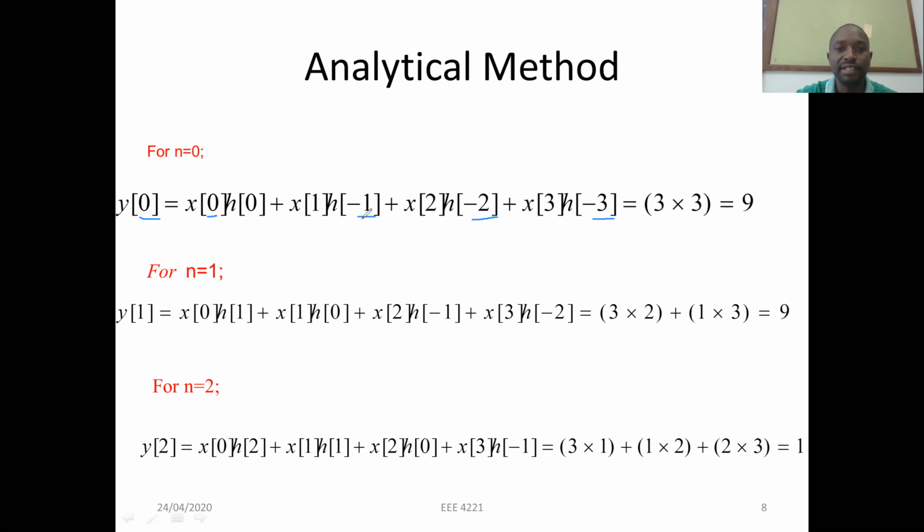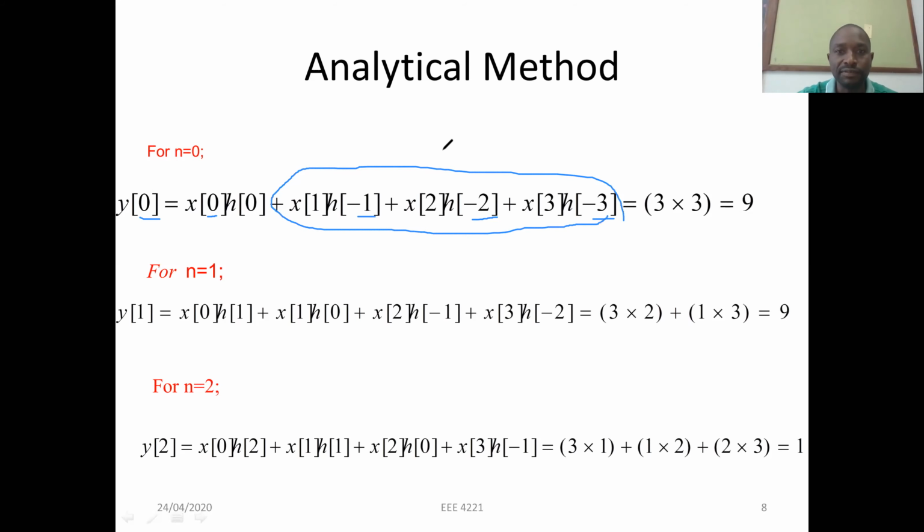So all these h of -1, h of -2 are not in the second signal h of n. Therefore, it means these are non-existent, they are basically 0. So anything multiplied by 0, all these terms here will give us a 0 up to there.